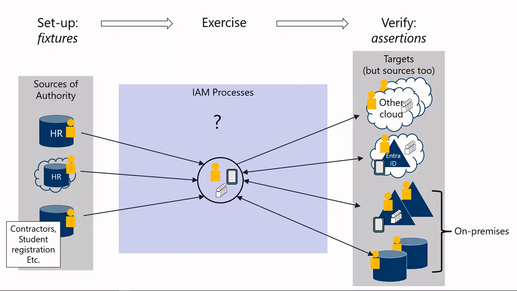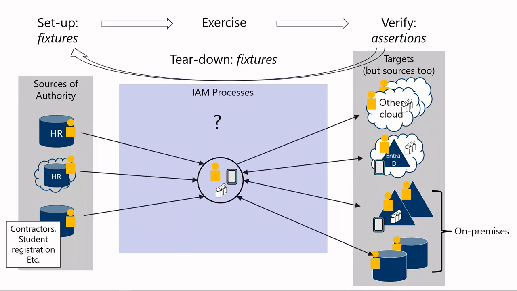And then we need to be able to tear that down and start again. So: set up, exercise, verify, tear down. For tear down, we use fixtures, because in Test Panel, any time that we're changing a system, we're going to use a fixture, whether that's adding a row into a SQL database, or removing it again, or removing an account.